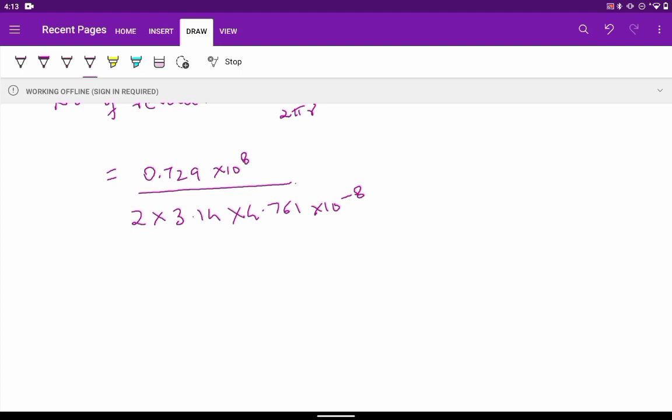How much you get, just see. On solving what we are getting. You can also practice. You have to first multiply 2 into 3.14 into 4.761.